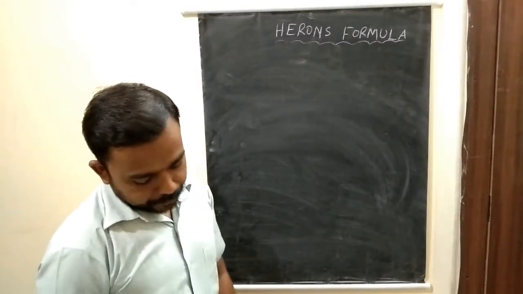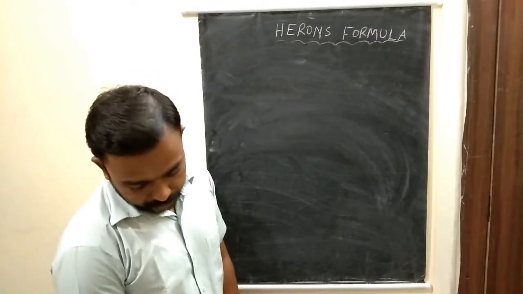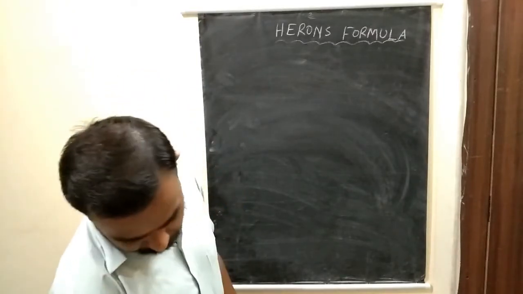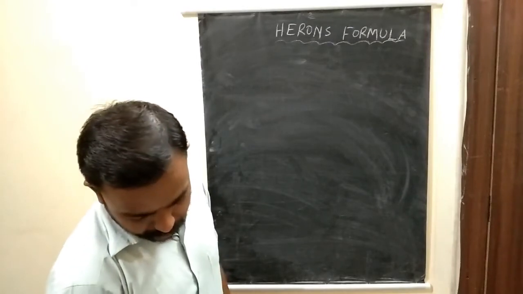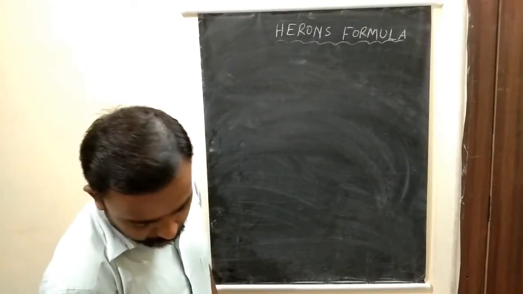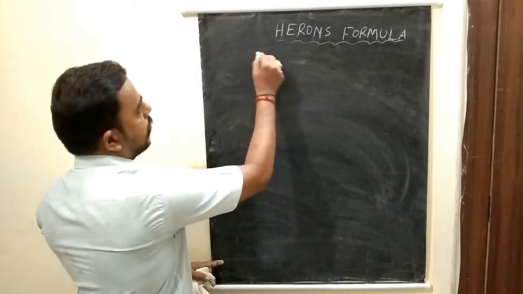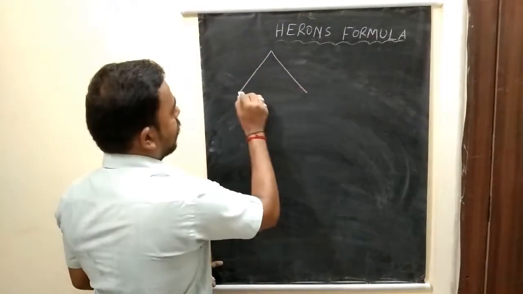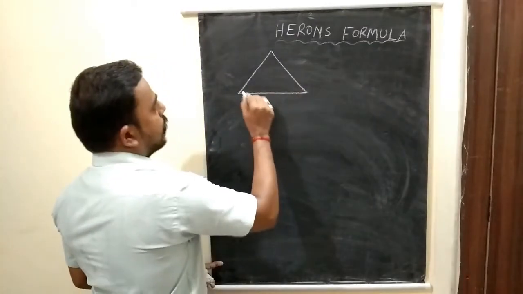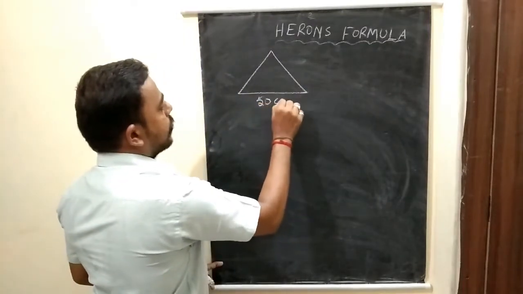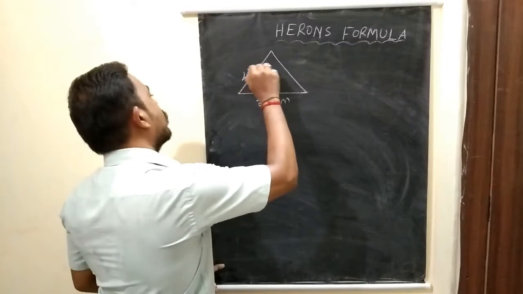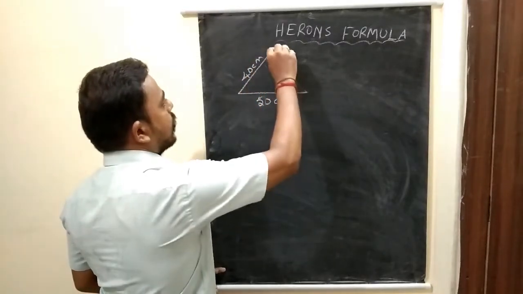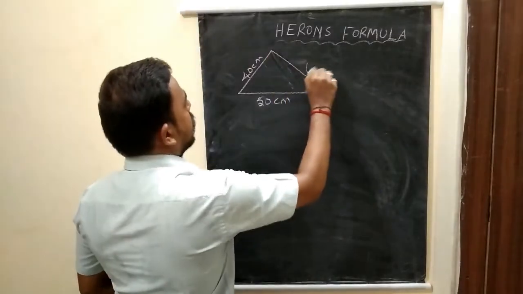Many problems are given. First problem. Suppose a triangle is given like this. This one 50 centimeter, this one 40 centimeter, and this is 60 centimeter.